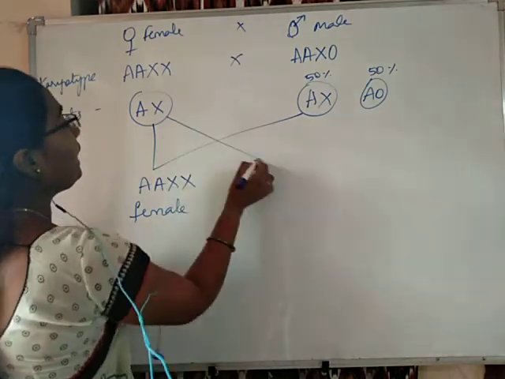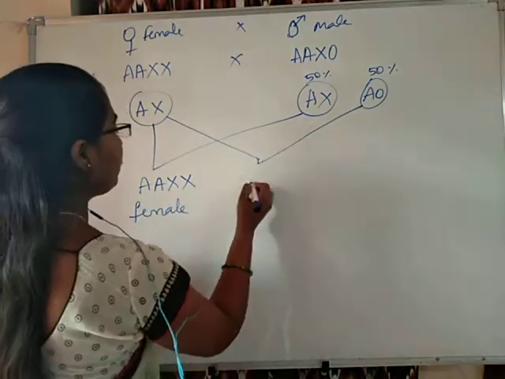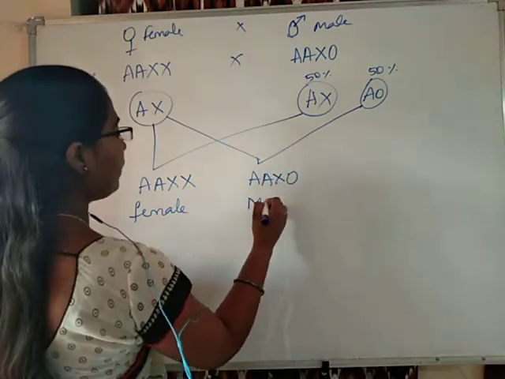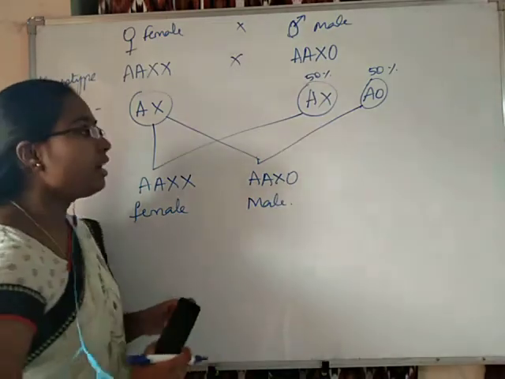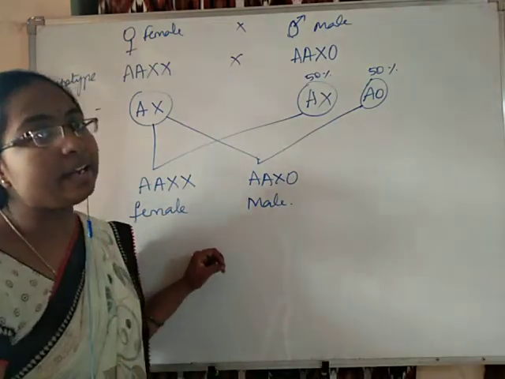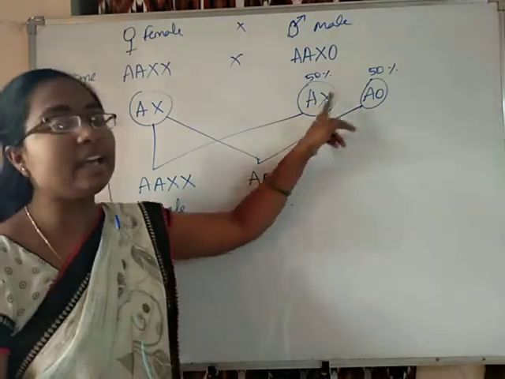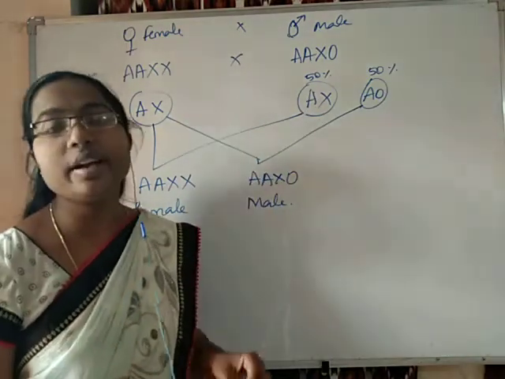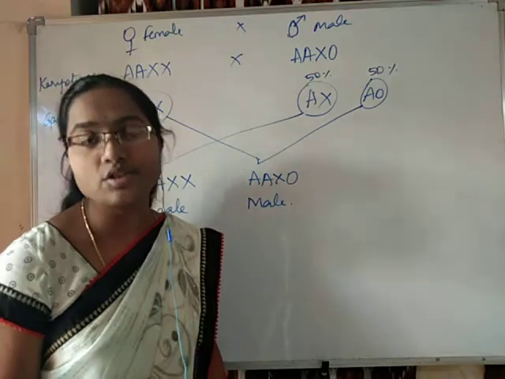Okay. If AX is fertilized by AO, AAXO and this individual will be definitely a male. In that way sex is determined by the type of the male gamete which is fertilizing the ovum, and the sex is decided right at the time of fertilization only.